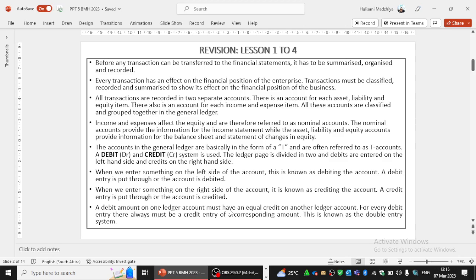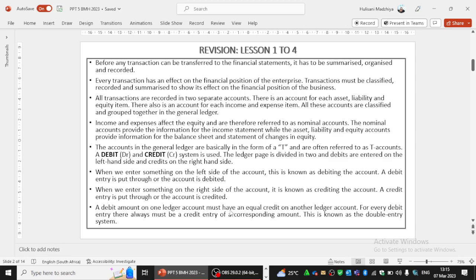And when you draft the trial balance, we only get to take the balances coming from our general ledger accounts. If we've got accounts that were classified as assets, equity, and liabilities, all of these accounts will be balanced off. And if we have got accounts that are classified as income and expense, all of these accounts will be totaled off.